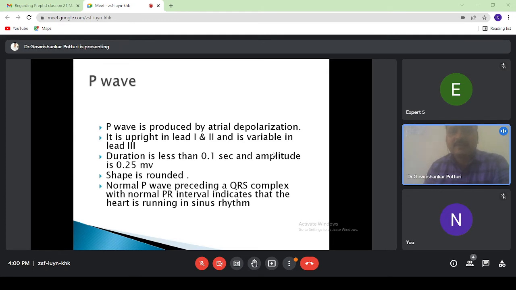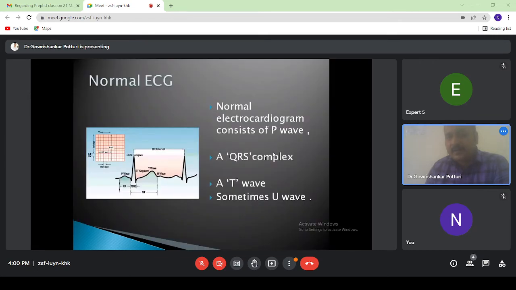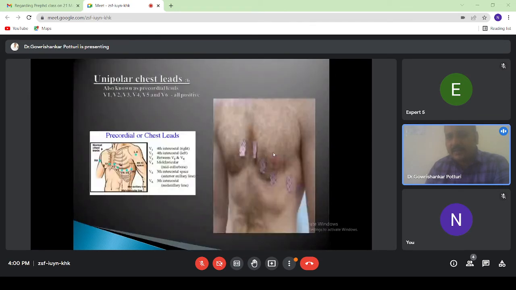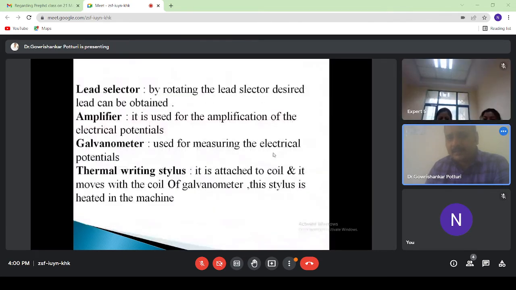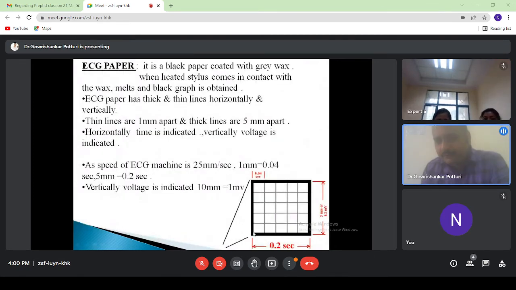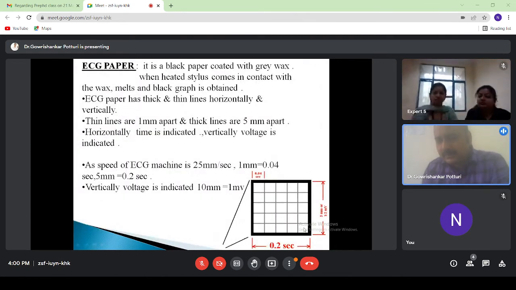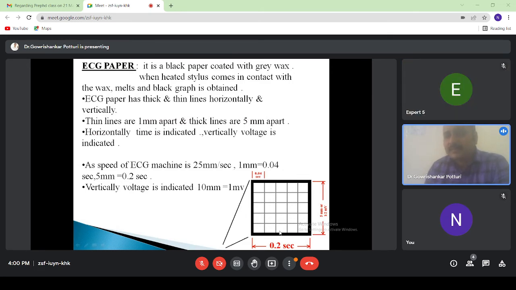Duration is less than 0.1 second. The duration of the P wave should be 0.1 second. Now let us revise the ECG paper here. I told you 5 small squares become 0.2 seconds, and the P wave duration is 0.1 second.